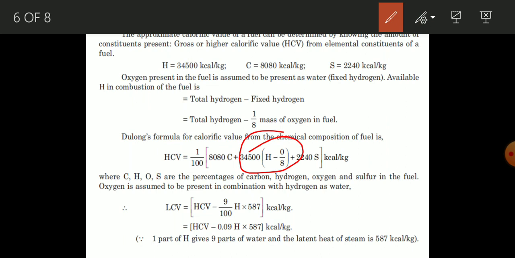Oxygen is assumed to be present in combination with hydrogen as water. The lower calorific value is equal to higher calorific value minus 0.09 into H into 587. Therefore, 1 part of hydrogen gives 9 parts of water, and the latent heat of steam is 587.